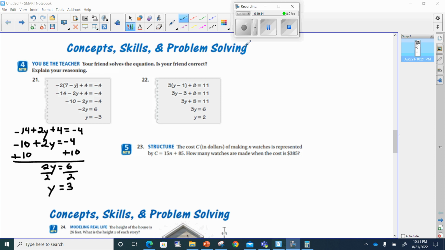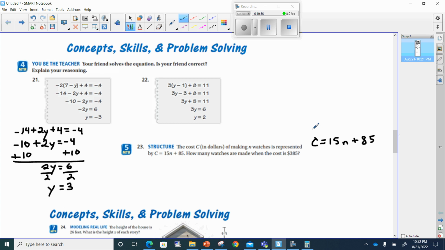All right, next is number 23. It says the cost in dollars of making N movies is represented by this formula. All right, let's write that down. C equals 15N plus 85. Now it's asking how many are made when the cost is $385.